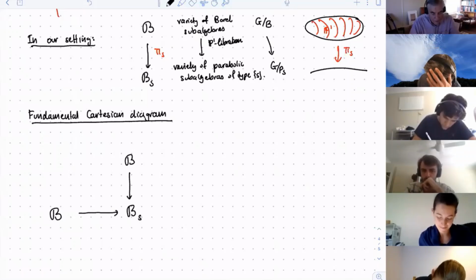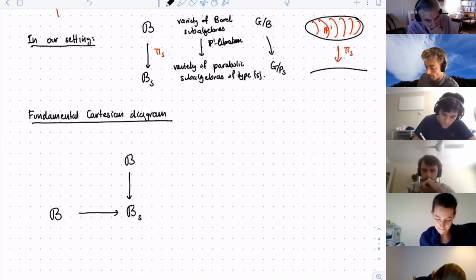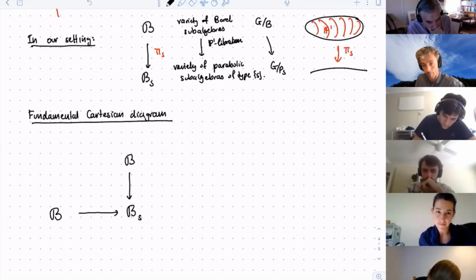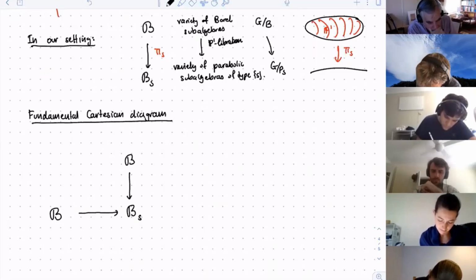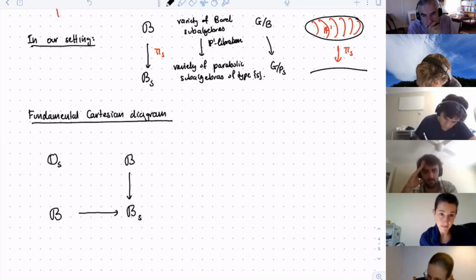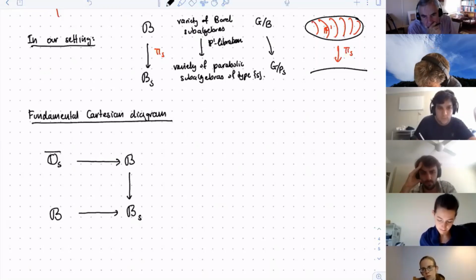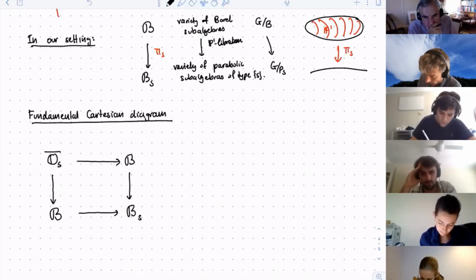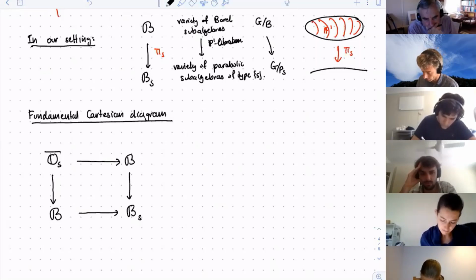The fiber product is pairs of Borel subalgebras which lie in the same parabolic subalgebra of type S. So this is exactly what we're denoting OS bar. So the fiber product is the closure of Borel subalgebras in relative position S. And all maps are P1 fibrations.